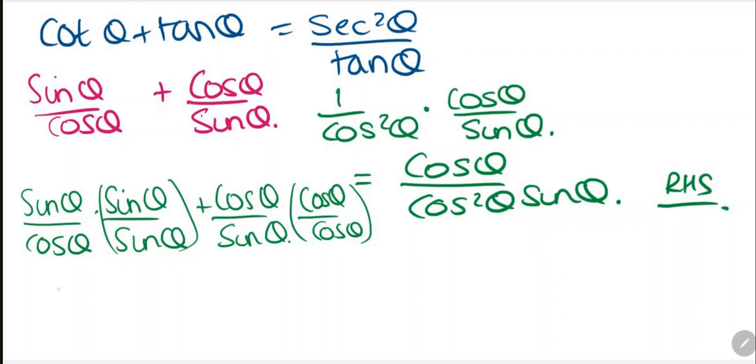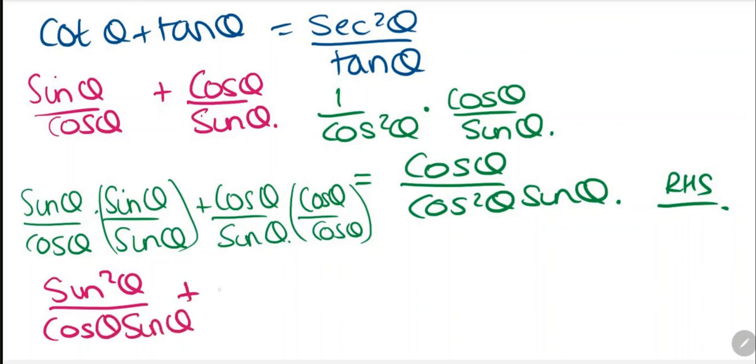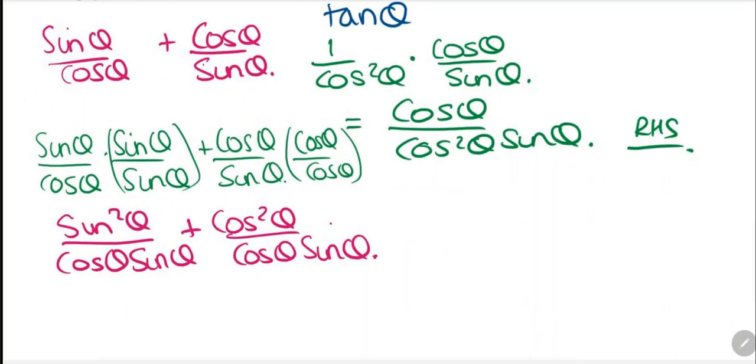So if I do this, this becomes sine squared theta over cosine theta sine theta plus cosine squared theta over cosine theta sine theta. And from the Pythagorean identities, I know that sine squared theta plus cosine squared theta is 1.